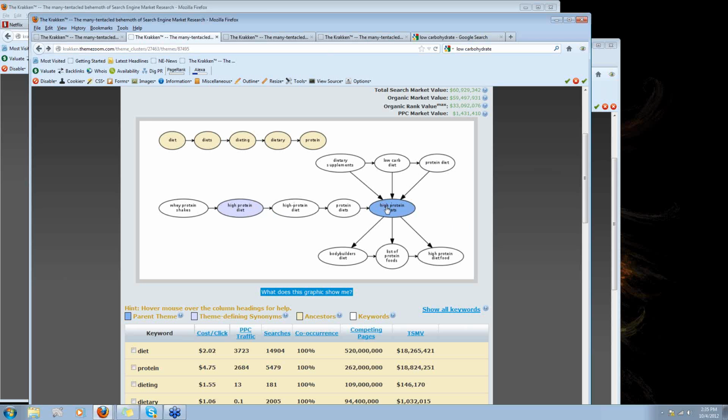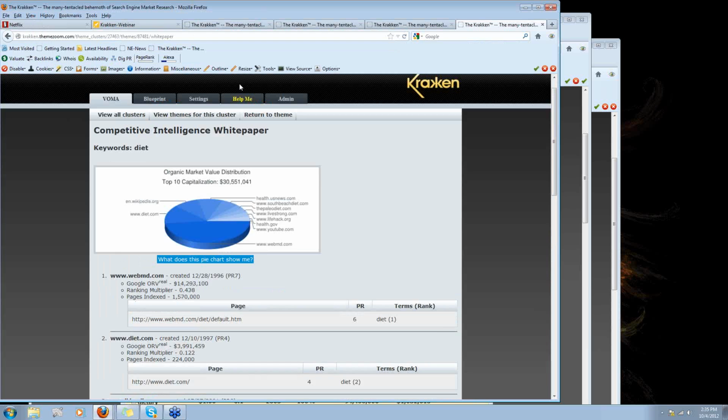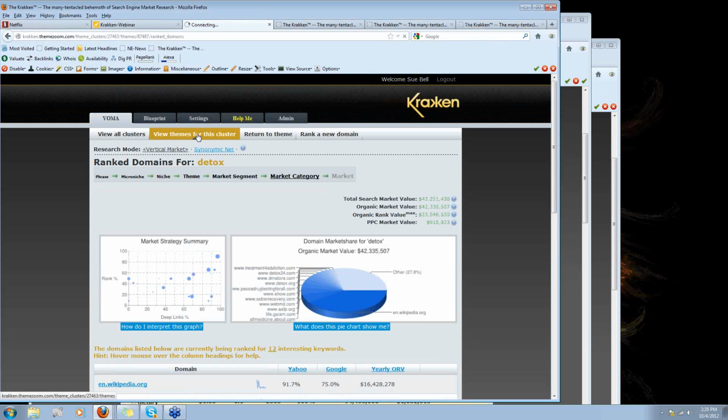I might even move all the way up to diet, just to see how much money out of the whole entire diet market is running through. And that's back on the whole themes for the cluster.